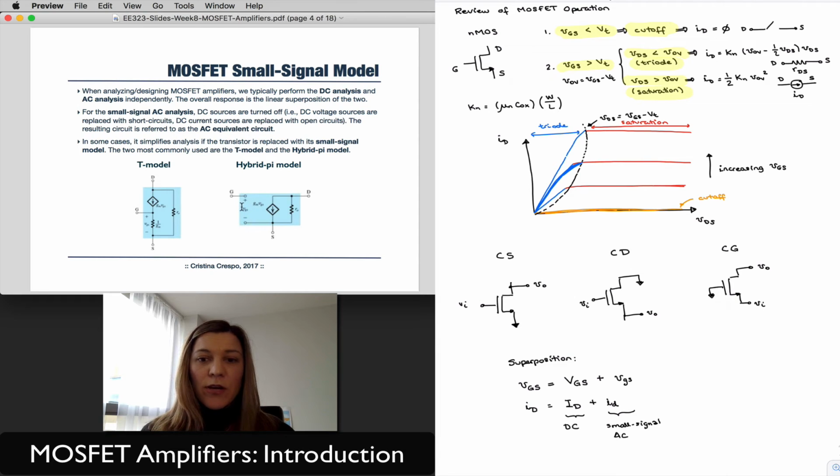Notice the lowercase nomenclature for the signals, because we're dealing with small AC signals now. And then your output current is proportional to the small signal input, VGS, and the proportionality constant is the small signal transconductance, GM. Because transconductance indicates the ratio of an output current to an input voltage. That is exactly what we have here.